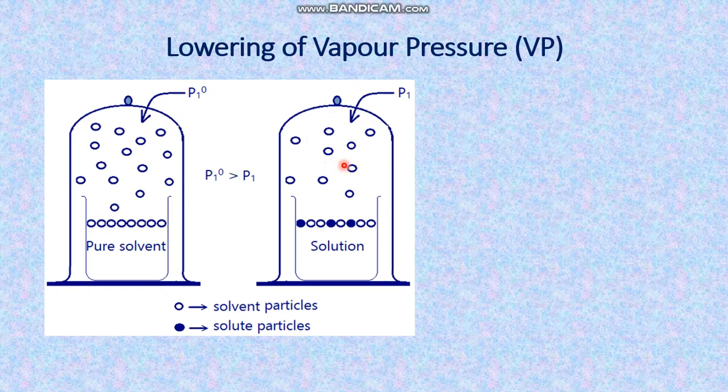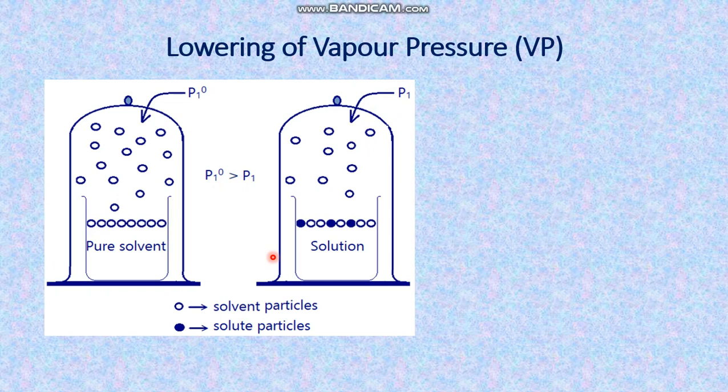That is why this partial vapor pressure becomes lesser than the previous one. So if this one is P1, then P10 is greater than P1, or vice versa, P1 is less than P10.